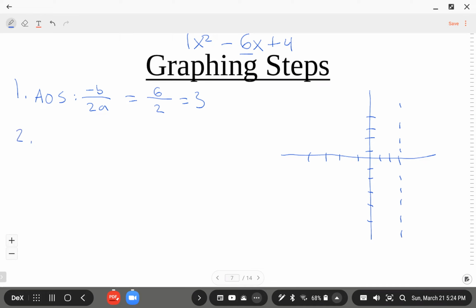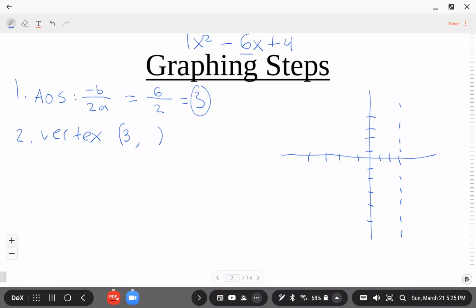So number 2, we're going to find our vertex. And how do we find our vertex? We are going to plug our axis of symmetry into our equation. It's going to be an ordered pair, right? We already know the x value because the x value is basically 3. So let's just substitute 3 into our equation.